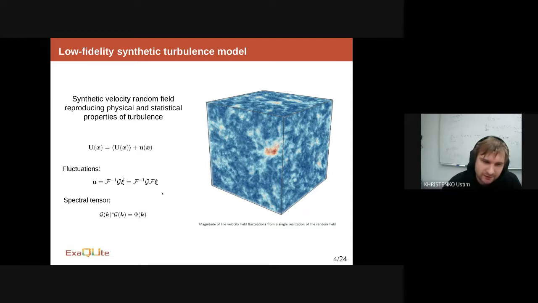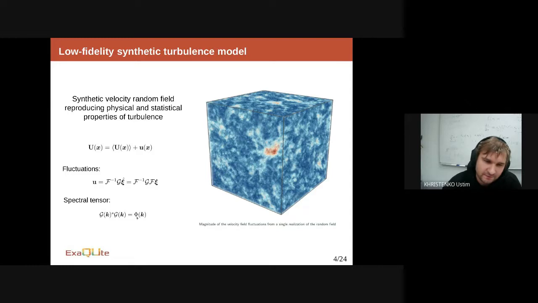Let me define the notion of the spectral velocity tensor. Here G, we call it correlation. This is actually the kind of square root of the correlation function, and the spectrum of this square root of the correlation function.